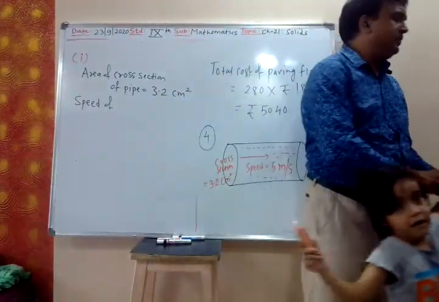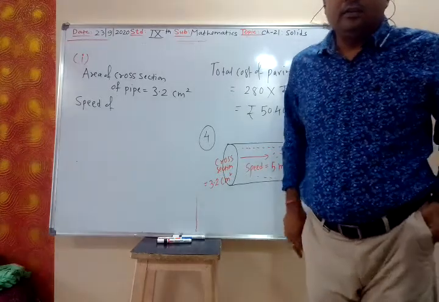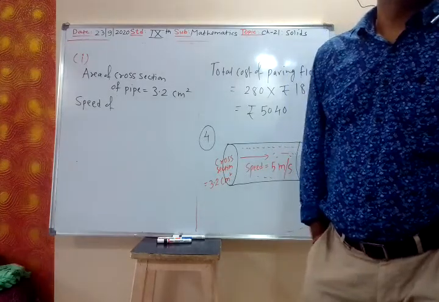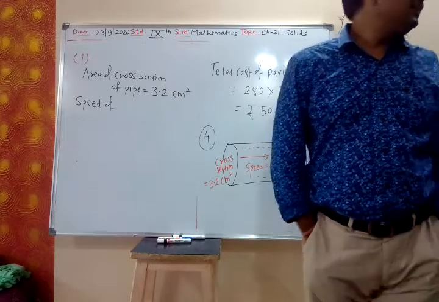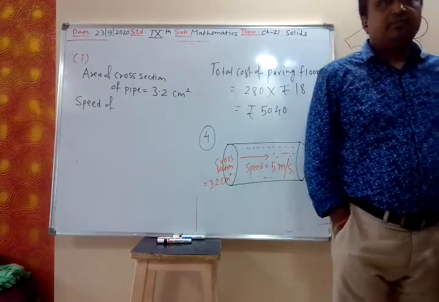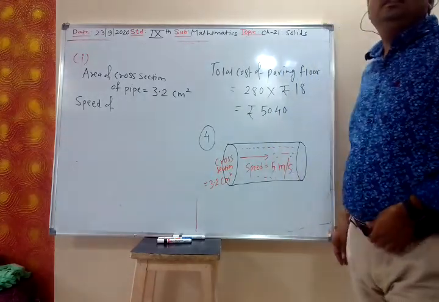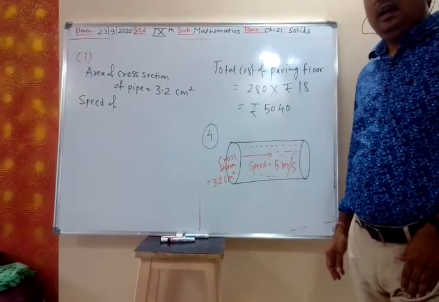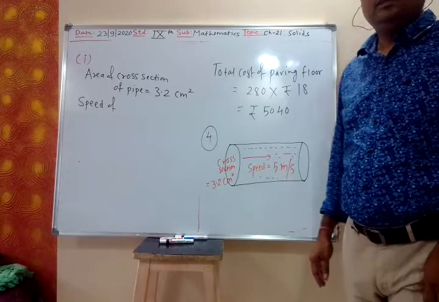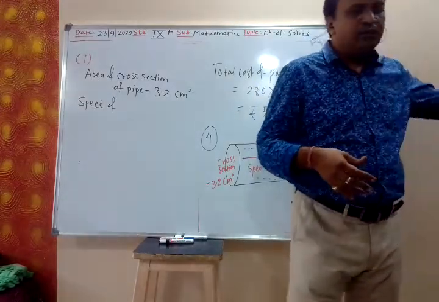Area of cross section of the pipe. Please do not present anything. Now you can see the board. You can see the board, yes or no?